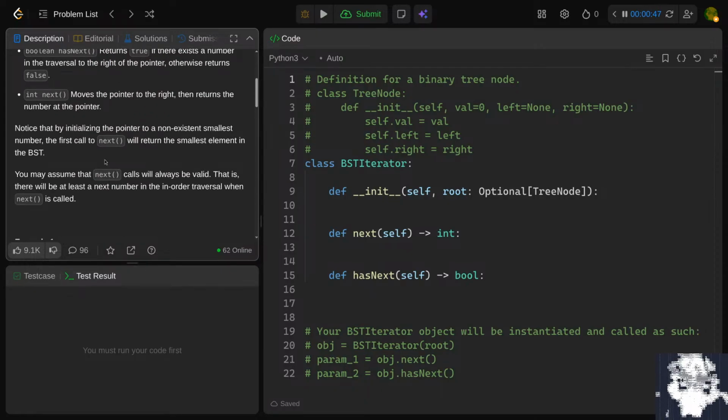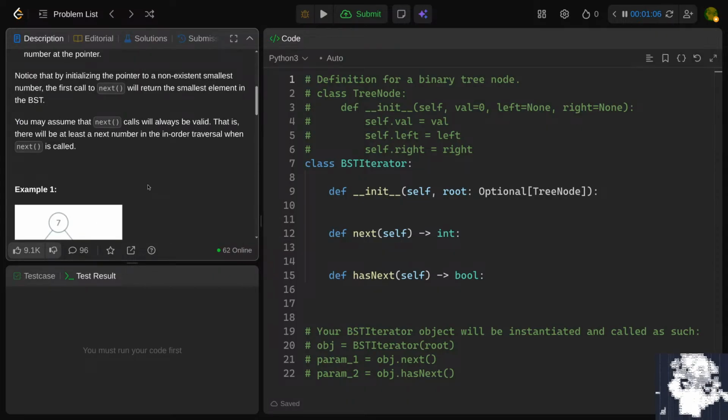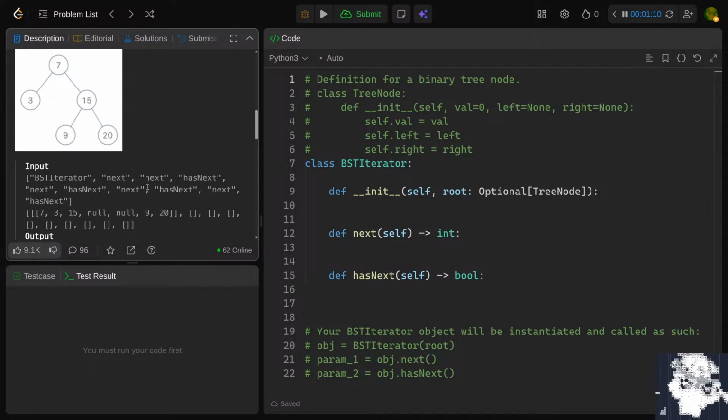Notice that by initializing the pointer to a non-existent smallest number, the first call to next will return the smallest element in the BST. You may assume that next calls will always be valid. That is, there will be at least a next number in the in-order traversal when next is called. Okay.